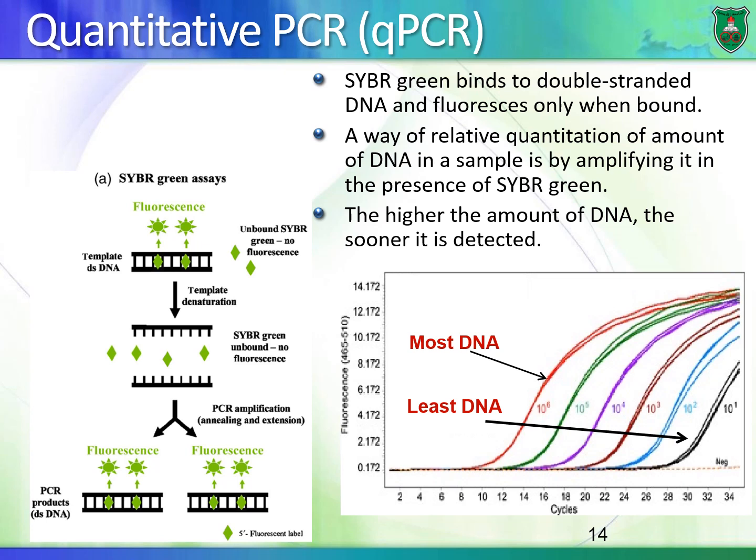Now, here in this chart, we have different samples. Okay, so the red sample is detected at cycle 12. But the green sample is detected at cycle 14. Now, why is that?